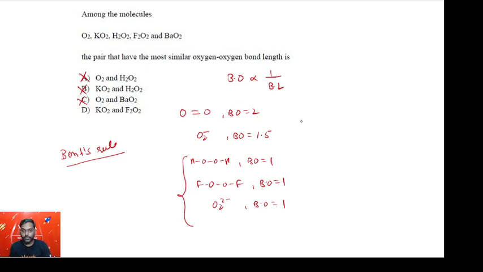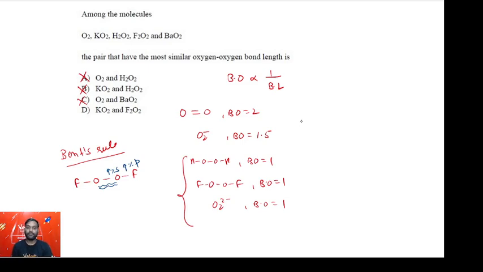So in O2F2, in the OF bond there will be an increase in the p character. So by default there is a decrease in the p character in the OO bond, or you can say an increase in the s character in the OO bond from both sides, which means the O single bond O will have higher s character than in a normal peroxide like H2O2 or BaO2.